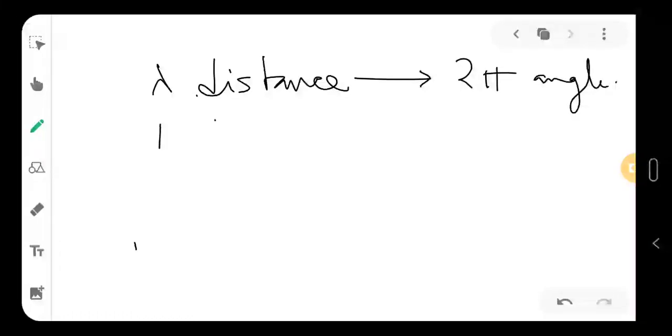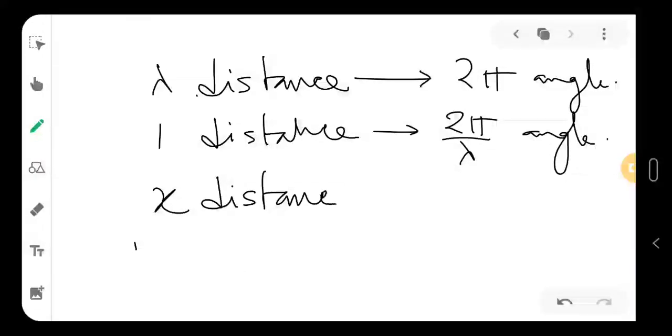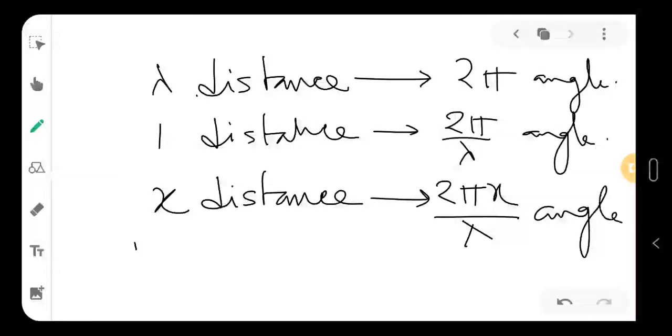So what unit distance will cover 2 pi by lambda angle, which is nothing but your k, the propagation vector. So any sort of x distance will go 2 pi x by lambda angle, and this is called your phi.